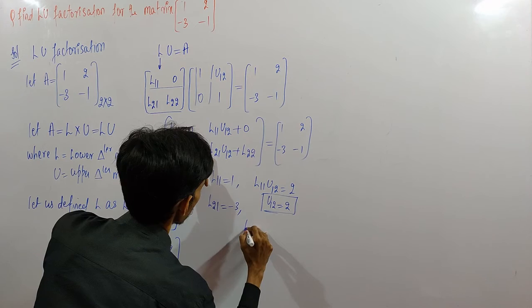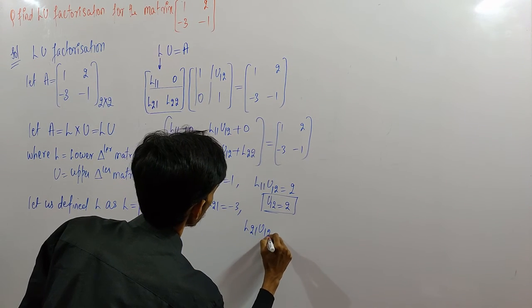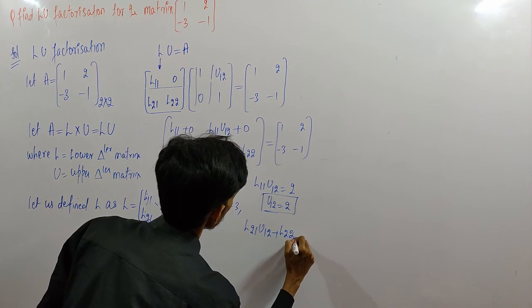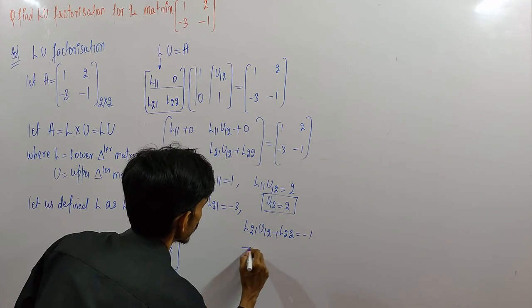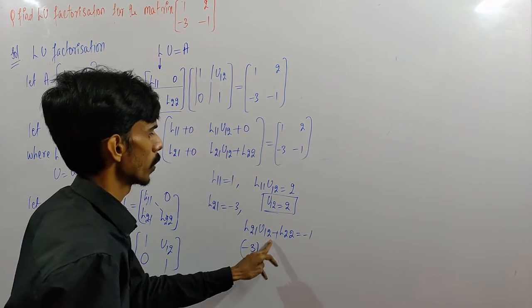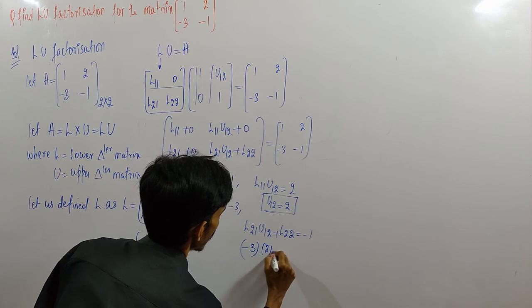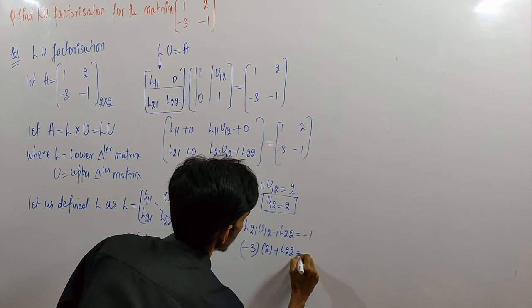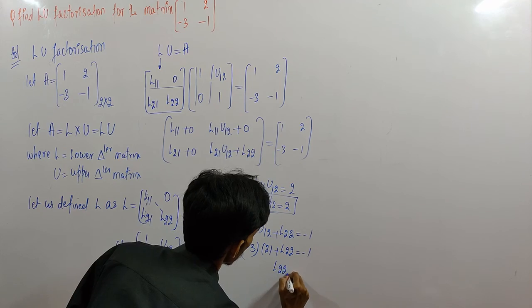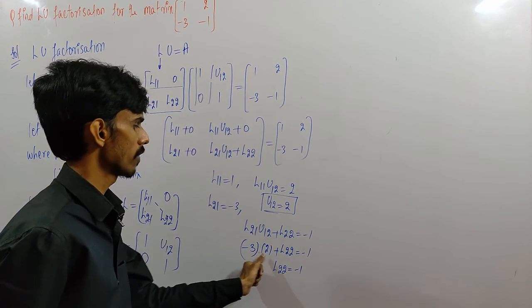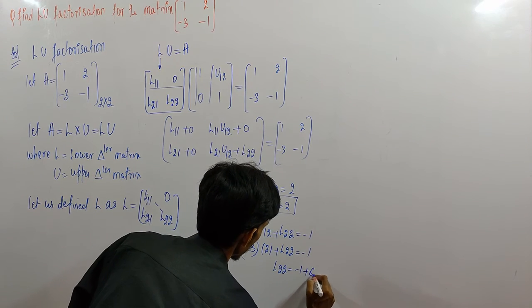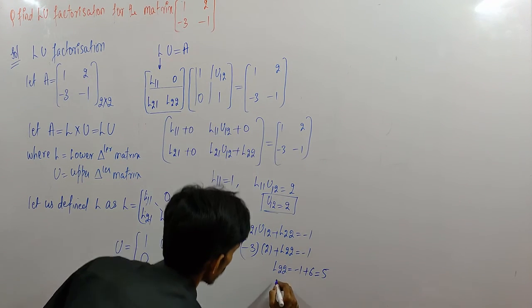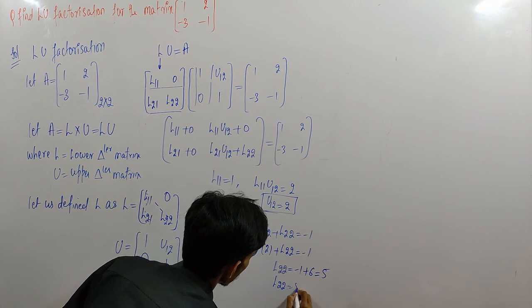Now L21 U12 plus L22 value is minus 1, so L21 value is minus 3, U12 value is 2, plus L22 value is minus 1. Here we have 3 2s are 6, minus 6 is there, so it will become plus 6 here, so we have 5, so L22 value we have 5.